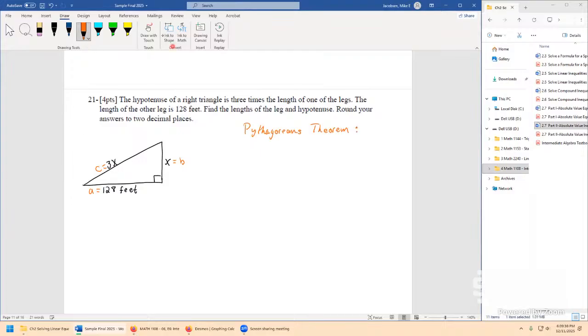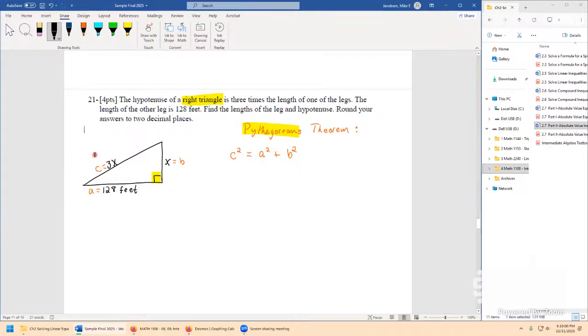So then Pythagorean's theorem, which is valid in this problem because it's a right triangle, which conveys a 90-degree measurement, that's right here at the corner, allows us to say C squared is going to be equal to A squared plus B squared.